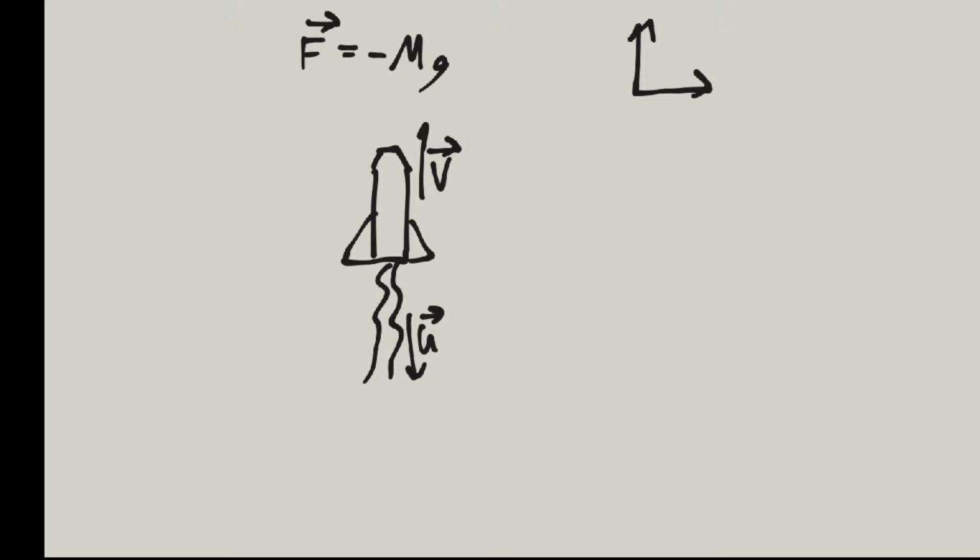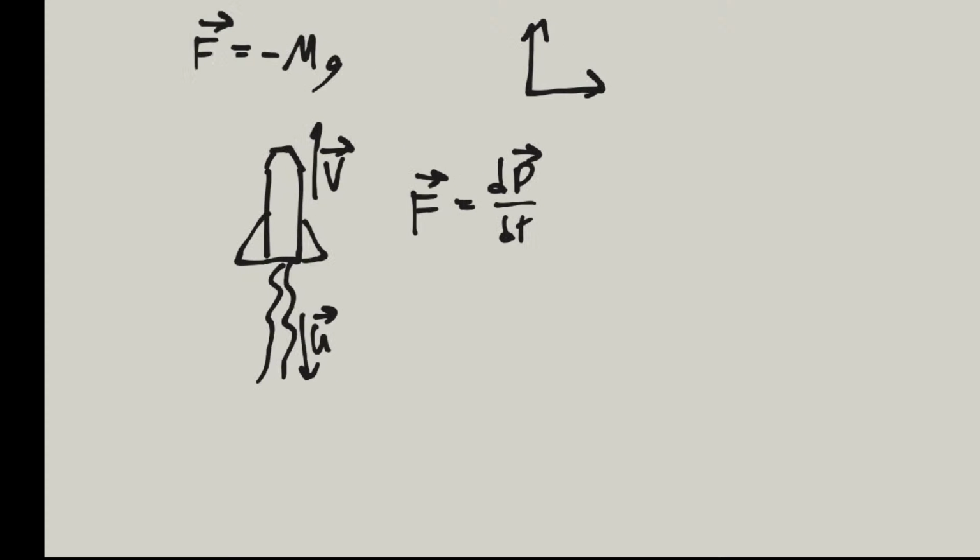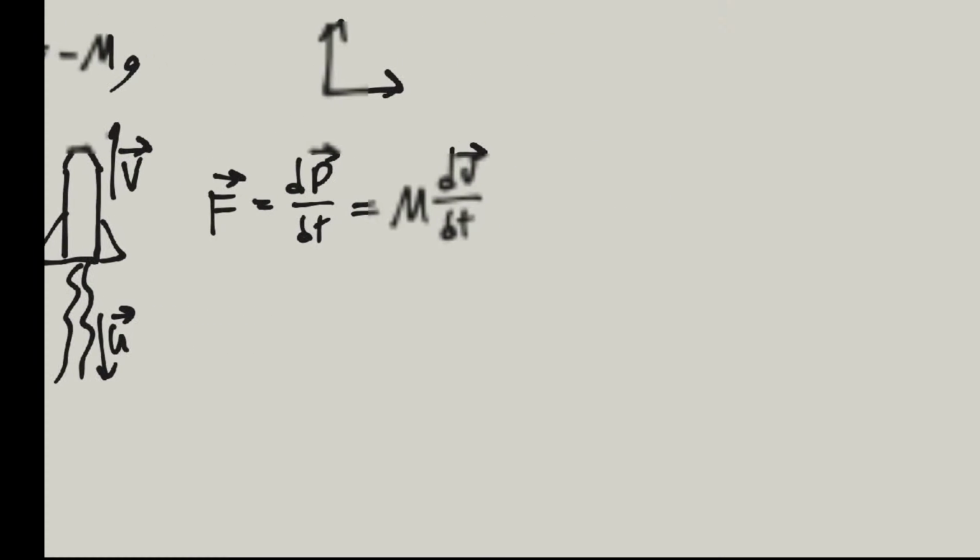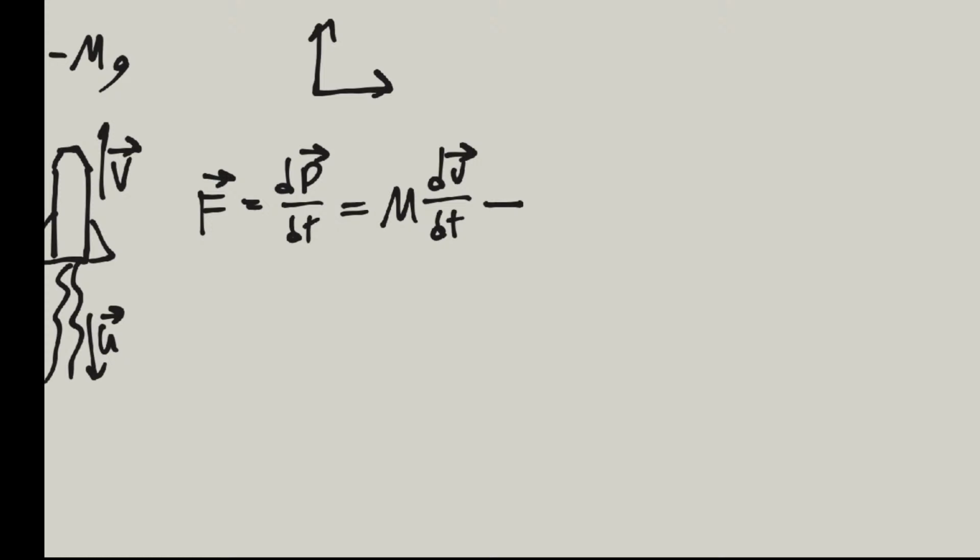So F equals dp over dt. That follows from the basic definition of momentum, which equals m times dv over dt, the acceleration of the rocket, minus dm over dt times u.